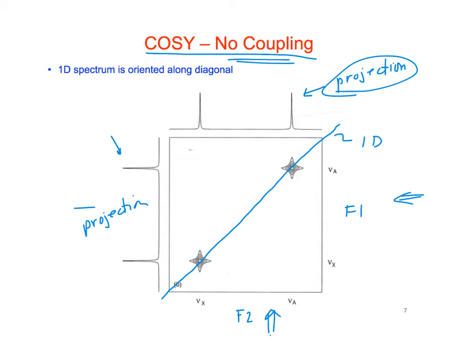The projection of a two-dimensional experiment usually has less resolution than we would see in a one-dimensional proton experiment. And that has to do largely with the number of points that we're sampling.